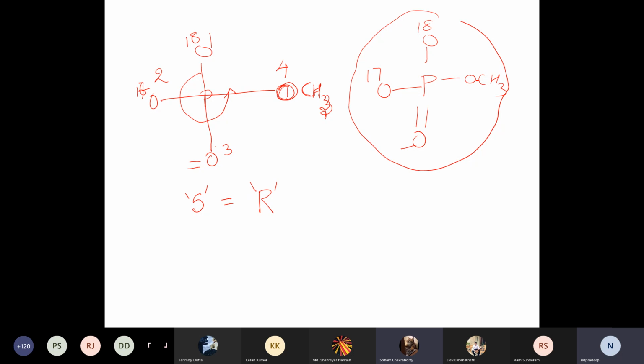First you always give the priority for the double bond, then you go for the pseudo atom. First directly connected should be given the priority, then the second one, the pseudo one. No doubt with that? Okay, it is very clear.